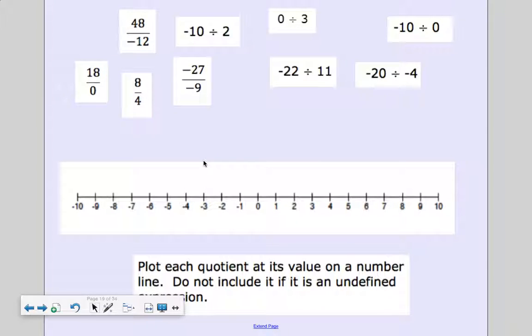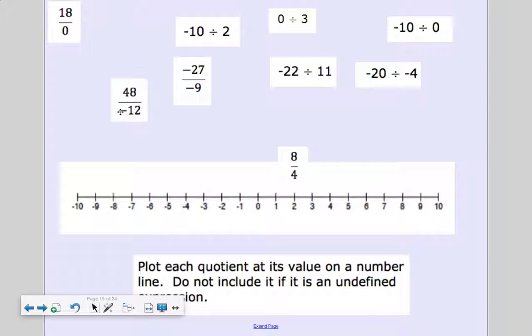And let's try some examples here. Plot each one. What's 8 divided by 4? Well, 8 divided by 4 is 2. So that goes right here. What's 18 divided by 0? Can I put 18 positives into 0 groups? That's undefined. That doesn't even go here. What's 48 divided by negative 12?